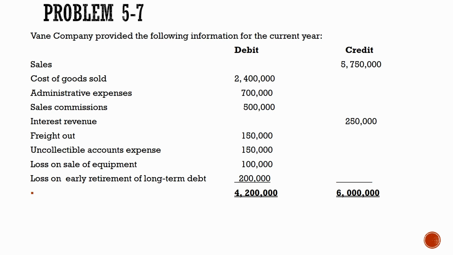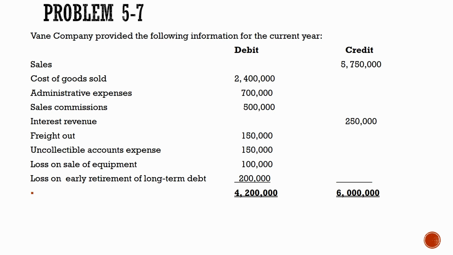For problem 5-7, Bain Company provided the following information for the current year. So, makikita naman po natin sa screen yung mga given na data. So, for additional information, meron daw yung Bain Company ng finished goods inventory noong January 1 na 4 million, noong December 31 na 3,600,000, at merong income tax rate na 30%.